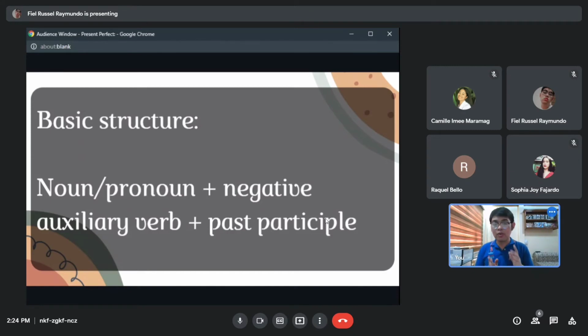In positive present perfect sentences, the auxiliary verb is positive. In negative, of course, it has a negative auxiliary verb. So the structure would be noun or pronoun plus a negative auxiliary verb and then a past participle. Questions so far? None so far, sir. Okay, very good.